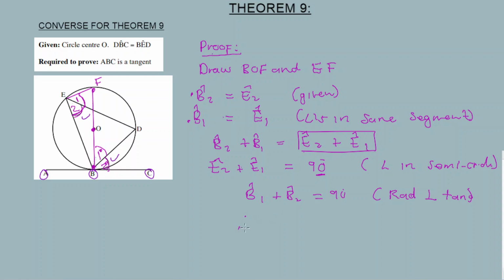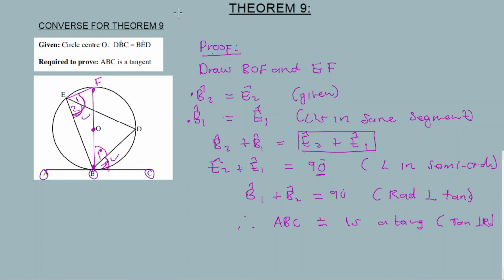So therefore, ABC is a tangent, according to theorem 7. A tangent is always perpendicular to a radius.